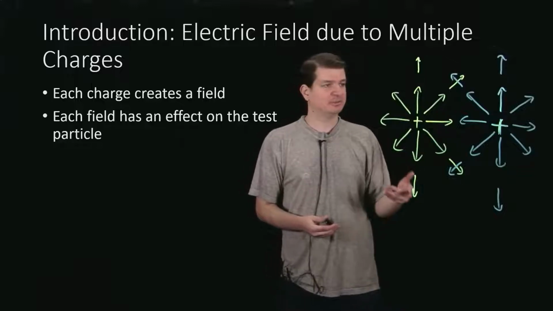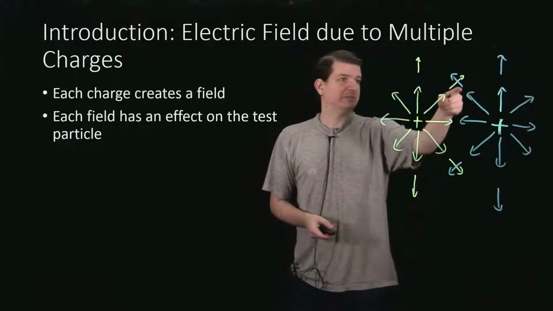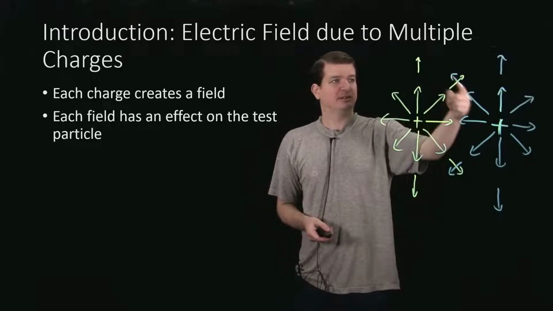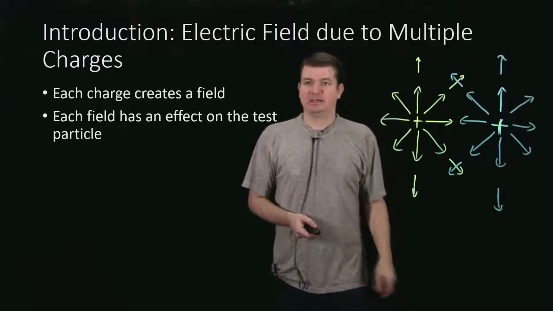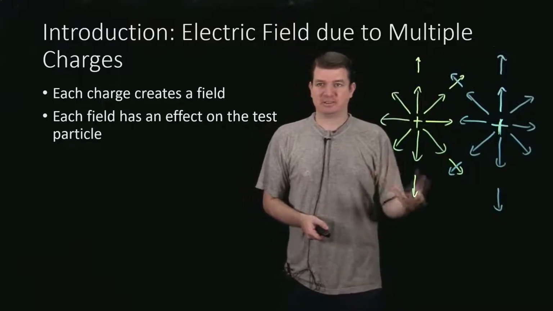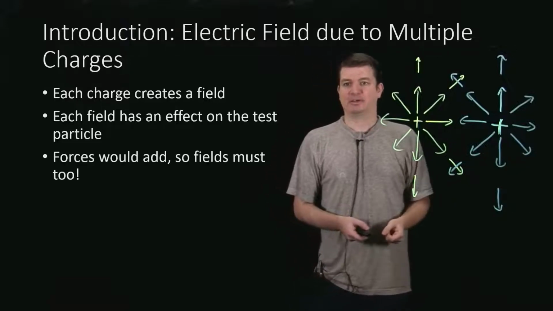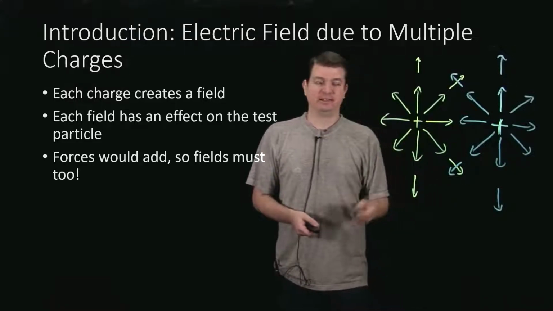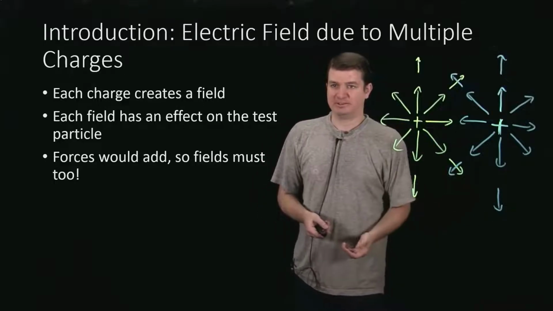So each field will have an effect on the test particle. The blue one is trying to push it that way while the yellow is trying to push it that way. So that's two vectors that are resulting in forces, really. So we have to add them. So the fields have to add, and the fields are vector quantities, so they must add like vectors.